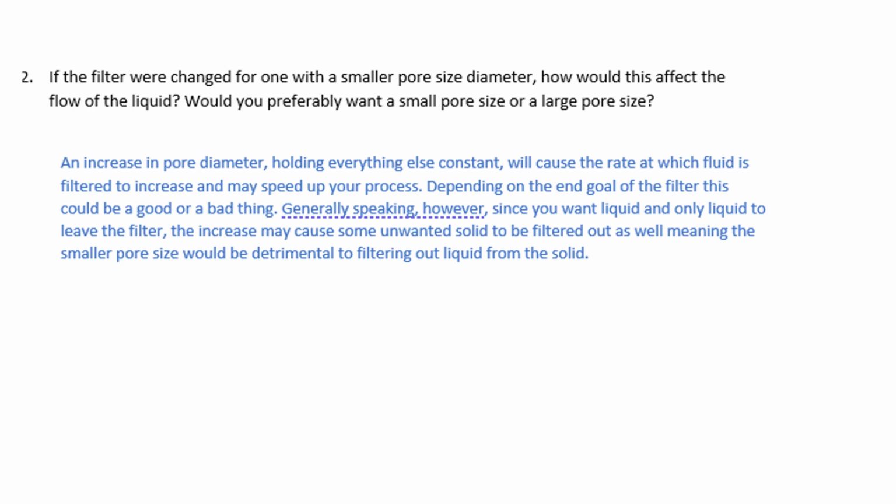The filtered rate's going to be faster, speed up the process, and there's a little more discussion into how going faster with the process may be detrimental to the end goal of the process due to lack of filtration.